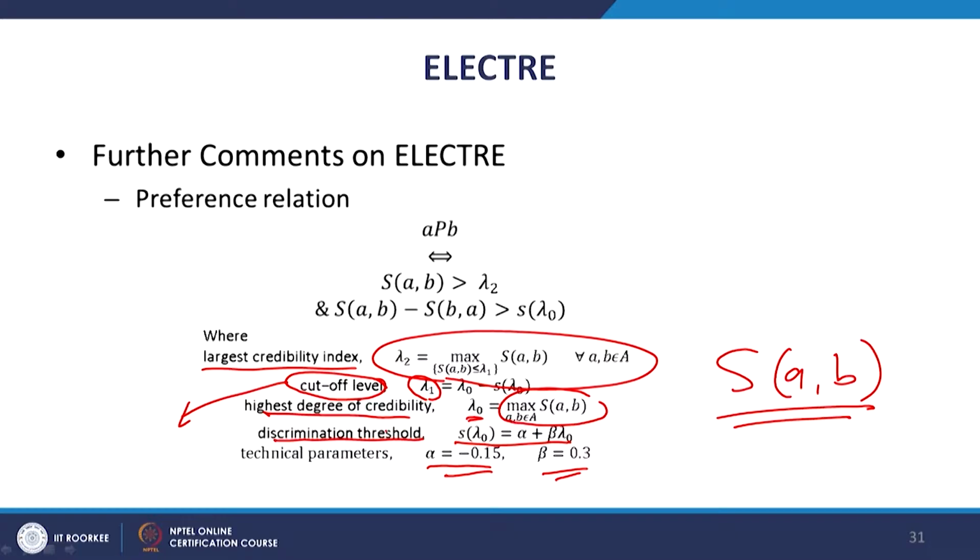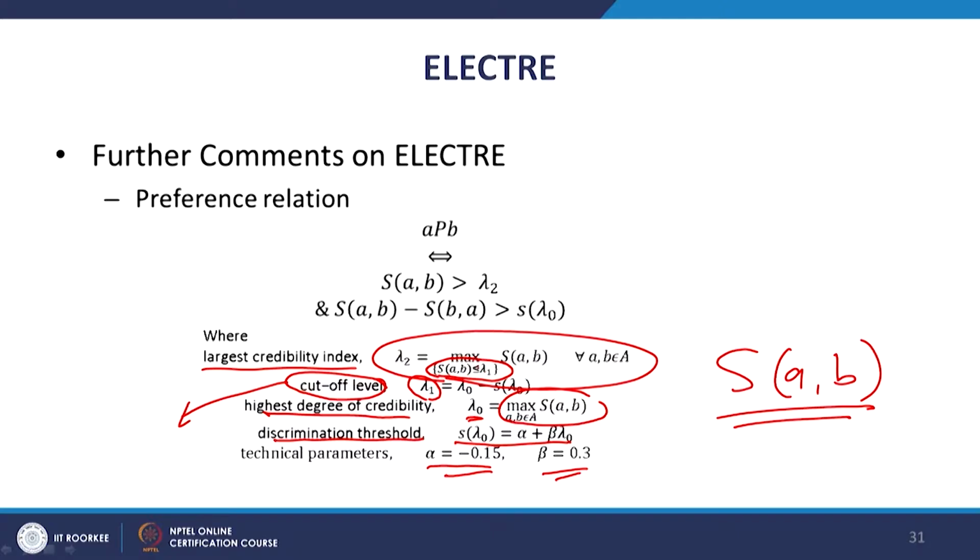So let us move forward. To come back to this expression, to tell you how this lambda 1 cutoff level determines the ease of computing the relations: you can see lambda 1, and in lambda 2 we are looking for the maximum value where capital S(A, B) is less than or equal to lambda 1.